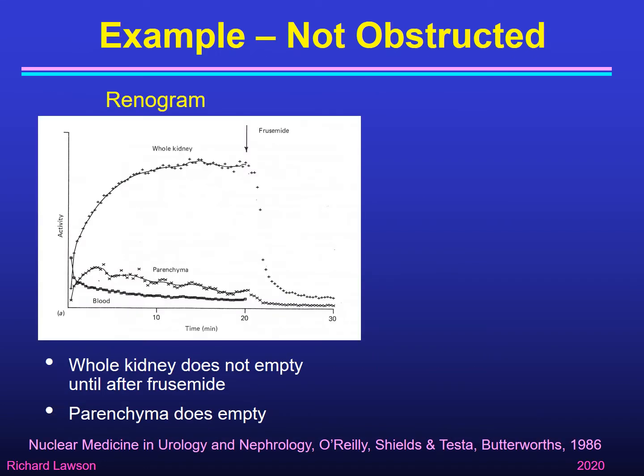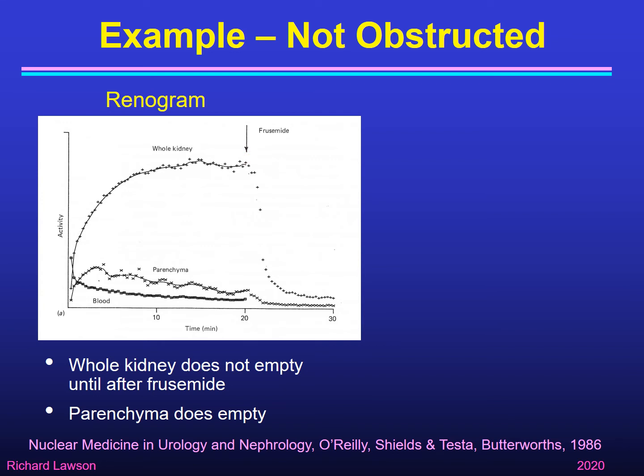Here's an example of a system that's not obstructed. Here is a Renogram, and you can see for the whole kidney, the kidney didn't empty. This patient, we gave a diuretic Frusemide for a diuresis Renogram.